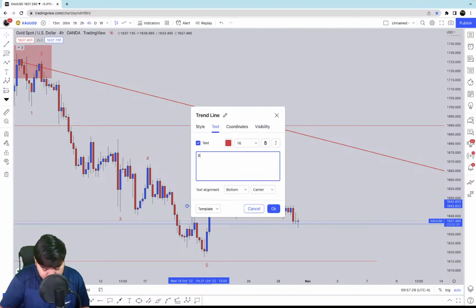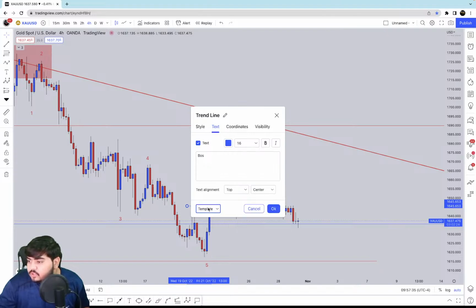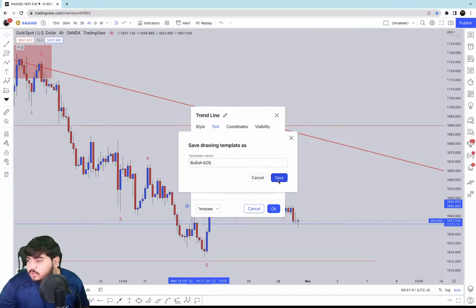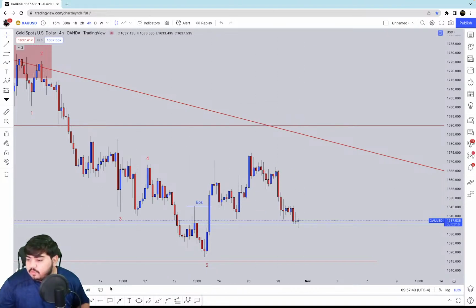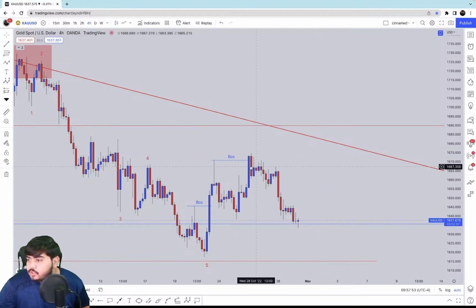I'm going to save this template as well. So we have this bullish break of structure, and then this bullish break of structure as well. Market is making higher highs and higher lows here.